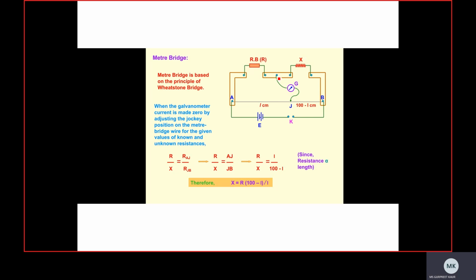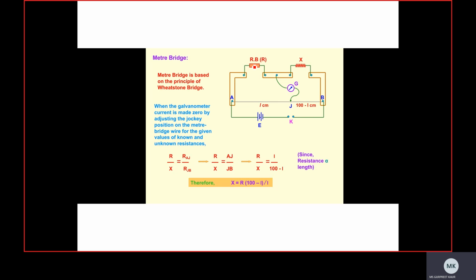From this terminal a galvanometer is connected, and the other end of the galvanometer is connected to a jockey which is to be slid over the wire of this meter bridge to get the null point. Now what happens?